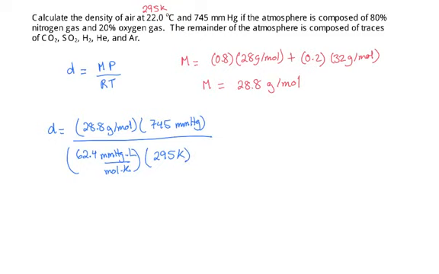Let's look at the units that we're going to get. So moles cancel with moles. Millimeters of mercury cancel with millimeters of mercury. Kelvin here cancels with Kelvin, so it looks like I'm going to get grams over liters. And my answer is going to be 1.17 grams per liter.